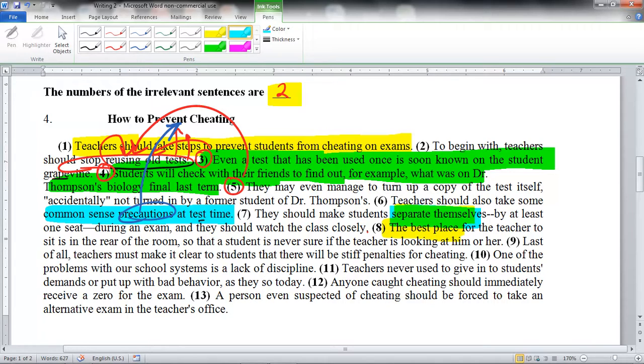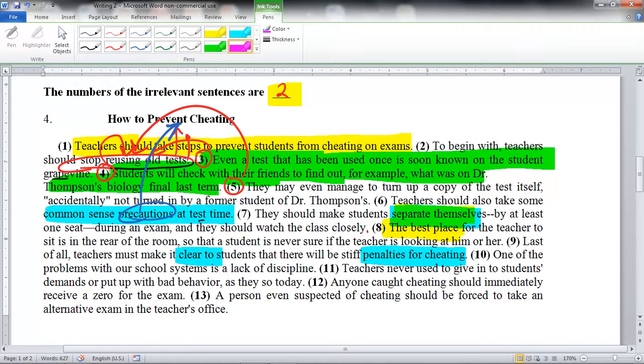Last of all, teachers must make it clear to students that there will be stiff penalties. Okay, so make it clear that there will be penalties for cheating. One of the problems with our school system is a lack of discipline. Teachers never used to give in to the students' demands or put up with bad behavior as they do today.